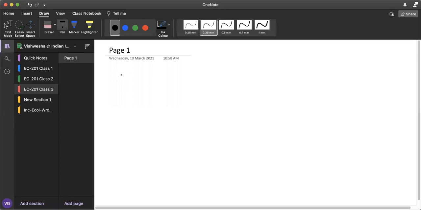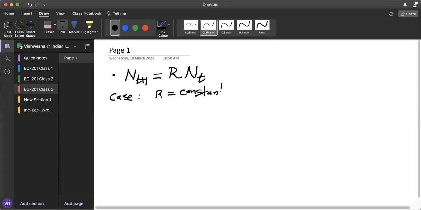If we think of the basic question at hand, we would like to understand how population changes over time. We wrote that in this form in the simplest consideration. Then we considered a case where R is equal to a constant.